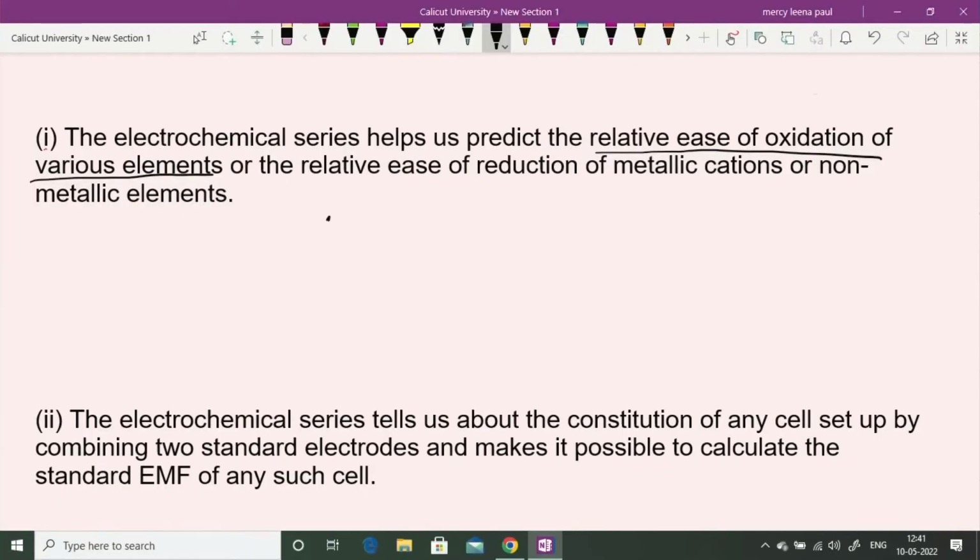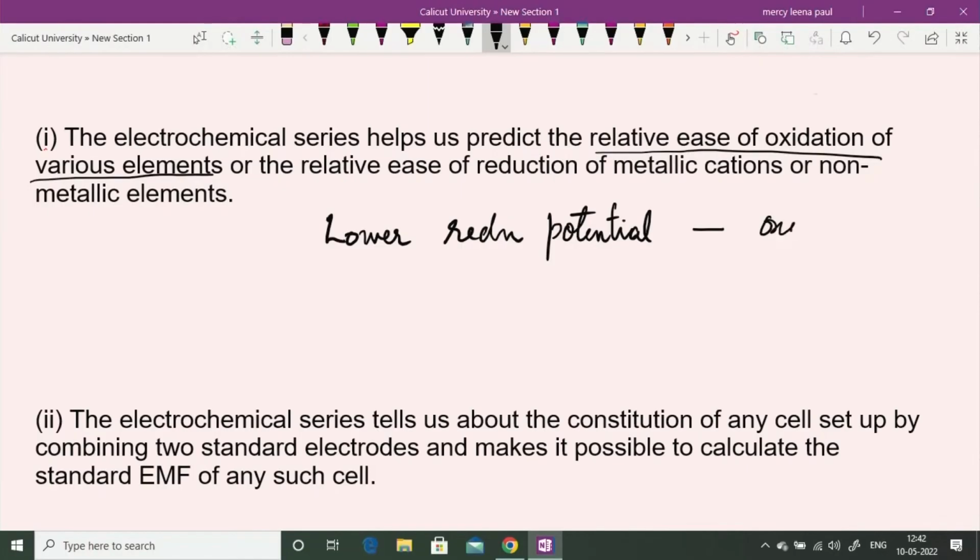Any element with a lower reduction potential, those lying above, since reduction potentials increase as we come down, shows a tendency to get oxidized rather than reduced.